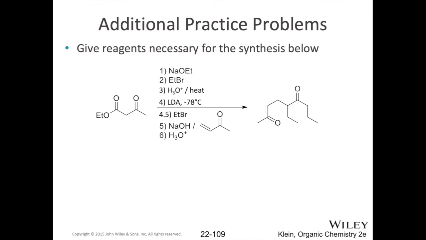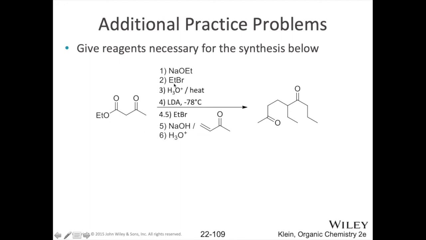Okay, so here you can see that we start off with our acetoacetic synthesis, we use sodium methoxide, we add ethyl bromide. So again, notice that we've got an ethyl group at that alpha position there. Okay, so again, very similar to the last problem where we're adding an ethyl group at this position here.